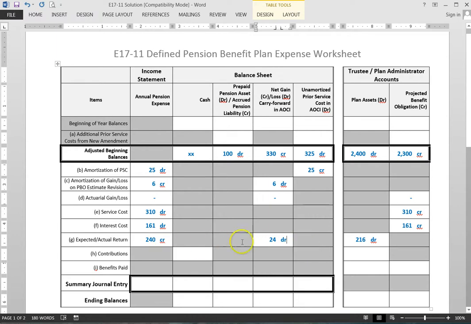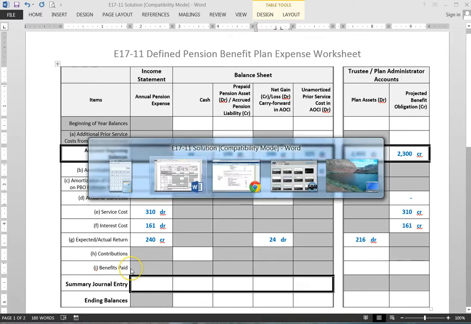And so we can see here that this is effectively being treated as a loss. The plan assets did not generate as much of a return as expected, and so that is to our detriment. That's to the employer's detriment. And so it will be listed as a debit entry to this gain-loss carry-forward thing.